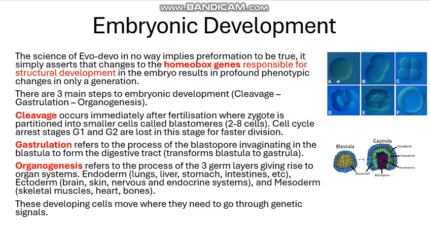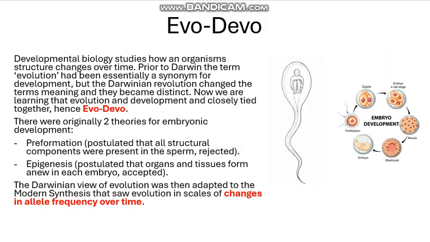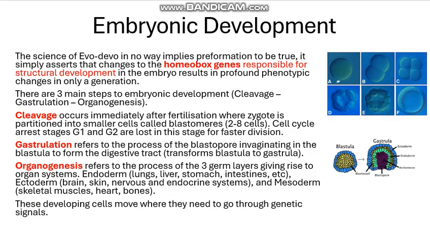It simply asserts that changes to the homeobox genes responsible for structural development in the embryo result in profound phenotypic changes in a single generation. So, large leaps in evolution.